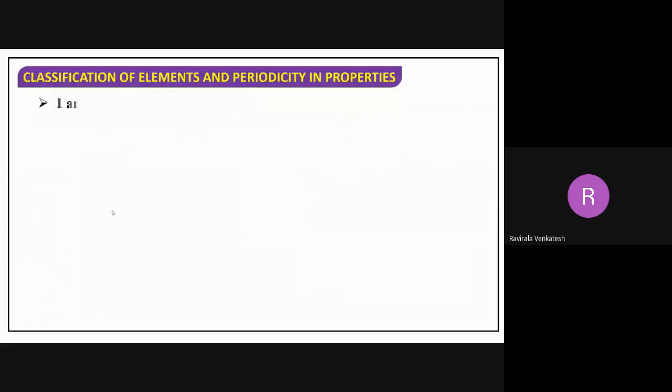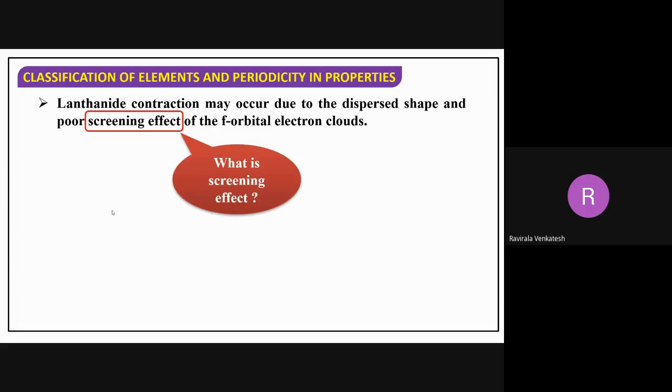Now let me see the reason behind this. The reason is the screening effect. Because of poor screening effect, this is happening. So if in an examination they ask the reason for lanthanoid contraction, you have to say screening effect.